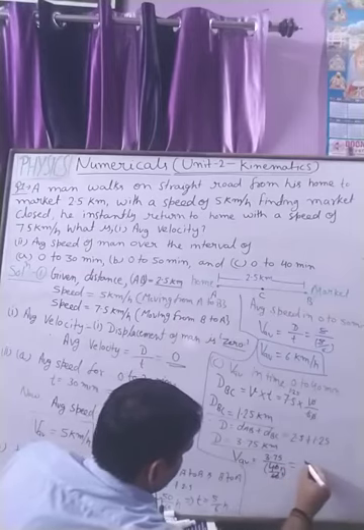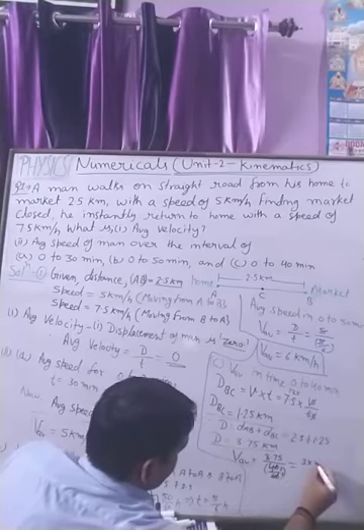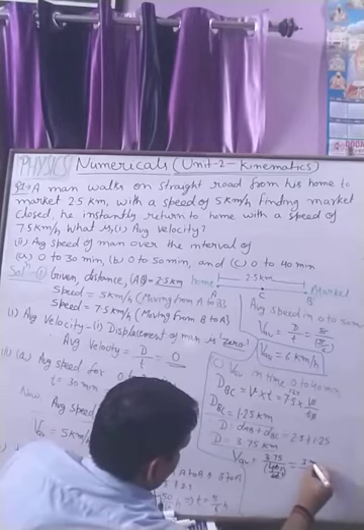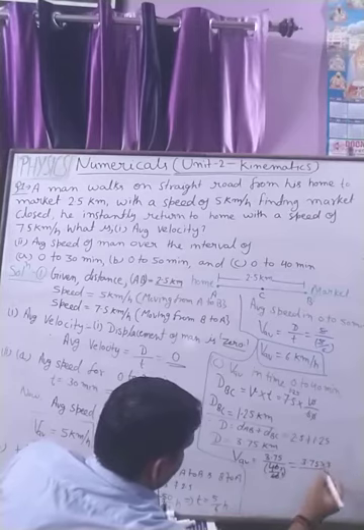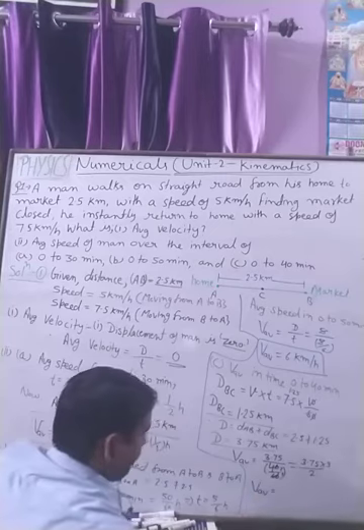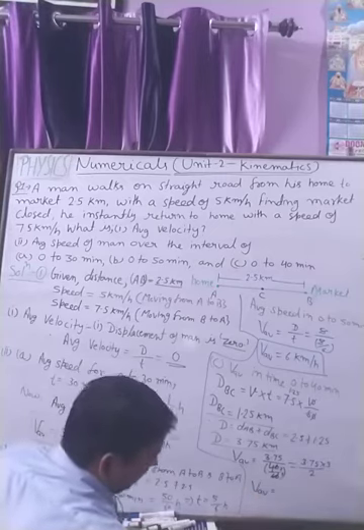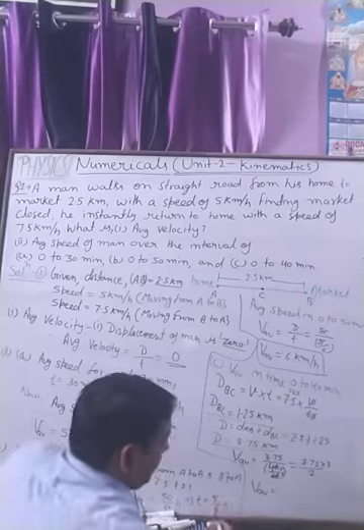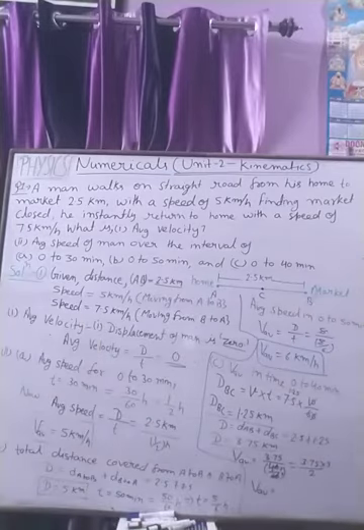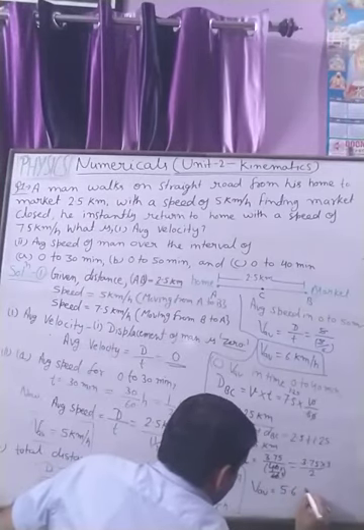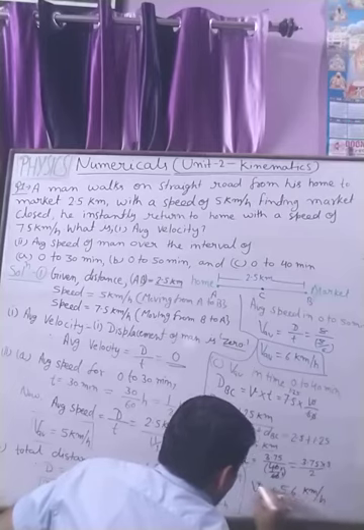So we get 3.75 into 3 upon 2. Therefore, average speed we calculate is 5.6 kilometer per hour.